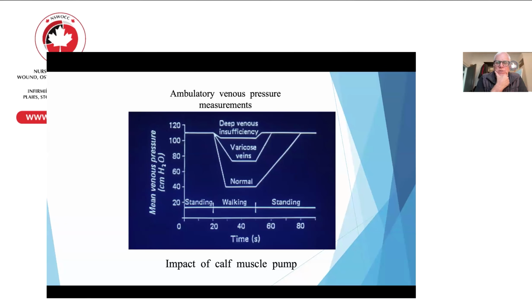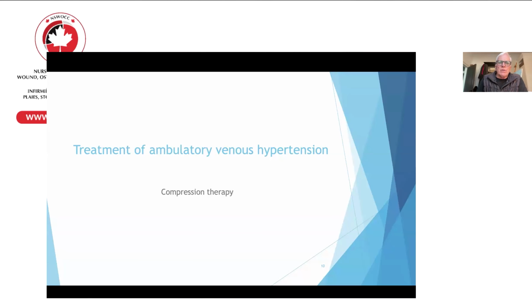If your veins are not functioning normally, or if your calf muscle's not functioning normally, the pressure doesn't drop. And that's what's referred to as ambulatory venous hypertension. And it's that persistent elevated blood pressure or venous pressure that actually leads to a lot of the problems that result in venous ulceration. So if we think about compression therapy, this really has been the mainstay of treatment for trying to improve ambulatory venous hypertension.